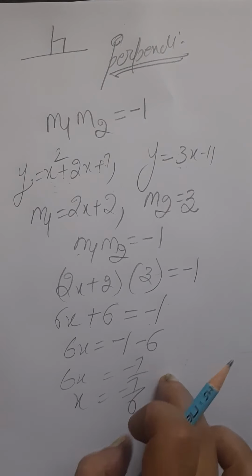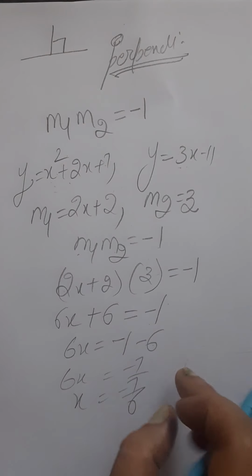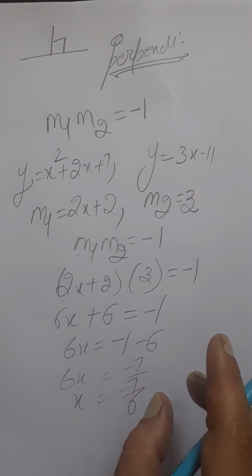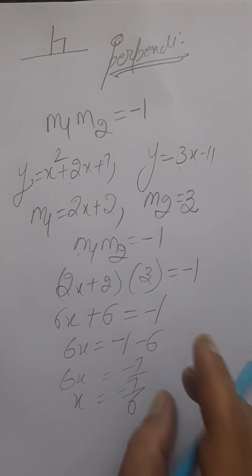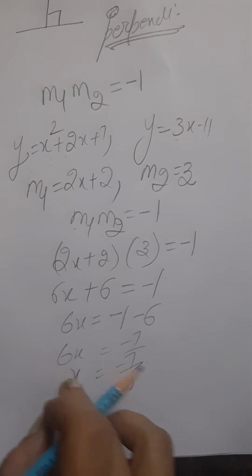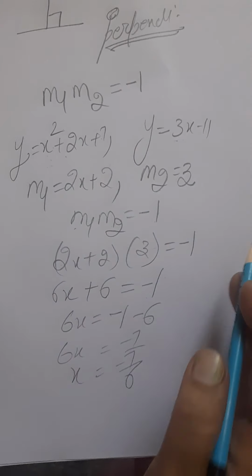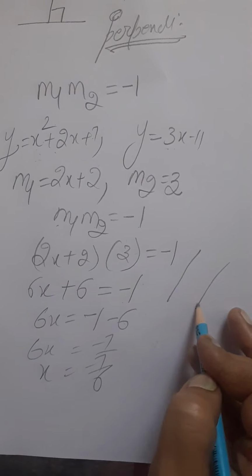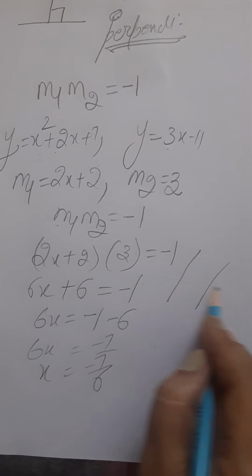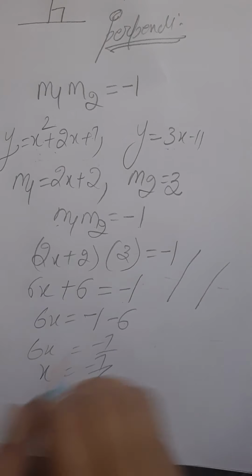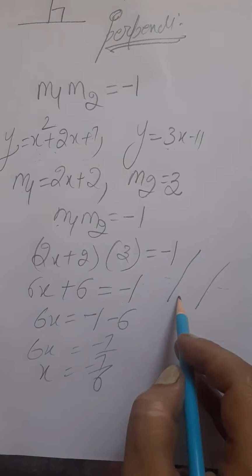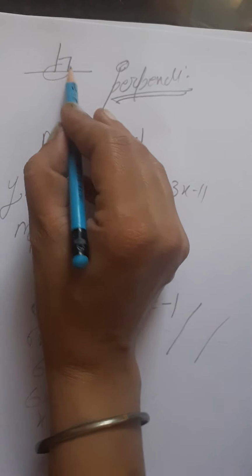And in this question, if he asks you to find the point of intersection, in that case you put the value of x in your original function. When the lines are parallel, there is no common point between these two lines. When lines are perpendicular to each other, then mostly they have common points.